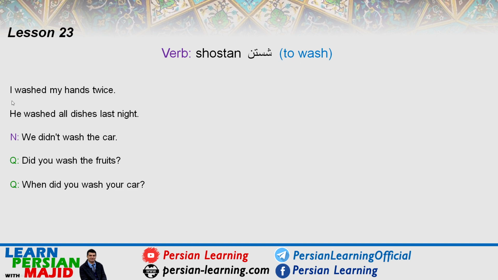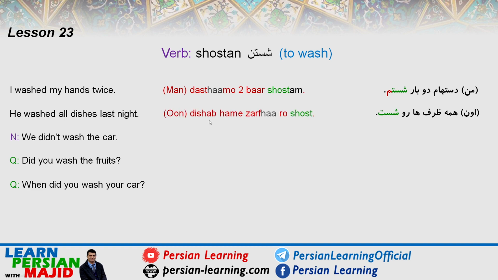شستن. I washed my hands twice. دستهامو 2 بار شستم. This ha is the plural marker. I have marked it for you so you can understand it better. For twice and adverbs of frequency, I had a lesson before. You can find the link here. He washed all the dishes last night. دیشب همه ظرفا رو شست.